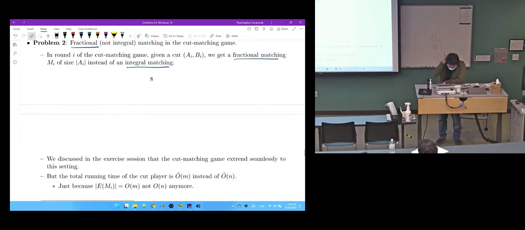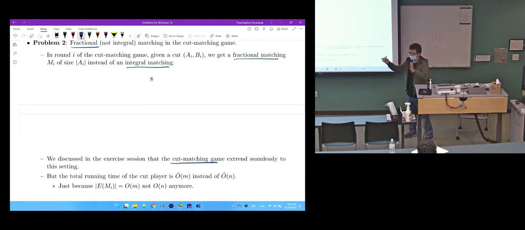But I kind of hand-waved in the exercise session that nothing really changes. The graph that the cut player sees is not an unweighted graph anymore, it becomes a weighted graph, but the cut player just needs to find a balanced sparse cut in that weighted graph, and the same algorithm for the cut player just works.